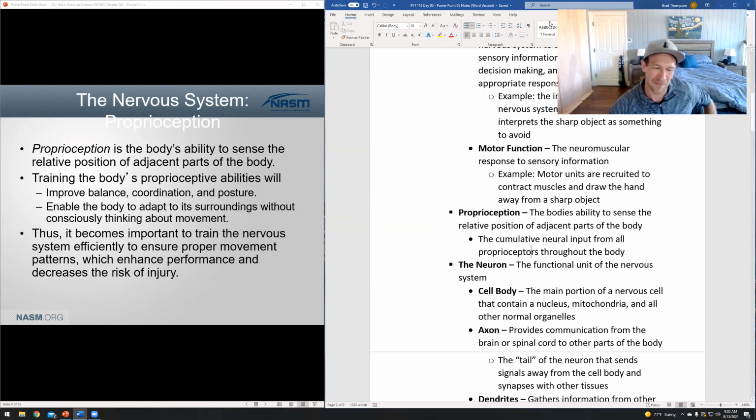So for instance, right now I've got my arms abducted at my sides, right? My arms are sitting out here like this. And proprioception is where sensory information is going into my brain saying, hey, this muscle is currently at this length, and it's experiencing this much tension, and this much force pulling down on it, like gravity and stuff, right?